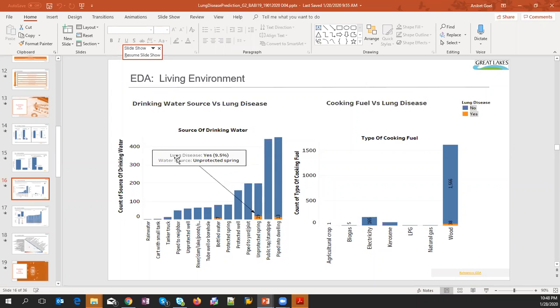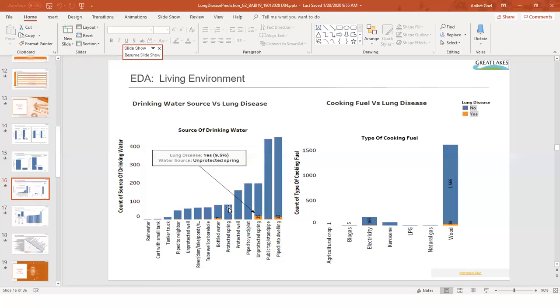That's why, when I talked about the scorecard, drinking water is depicted as an important variable, with statistical importance and probability to relate it with the lung disease.